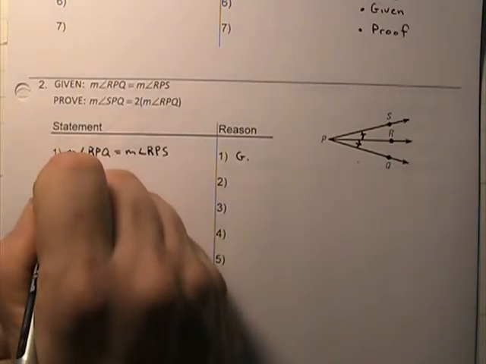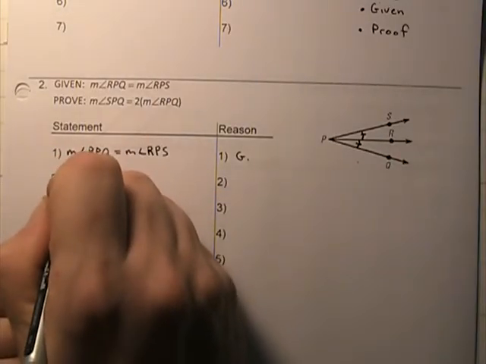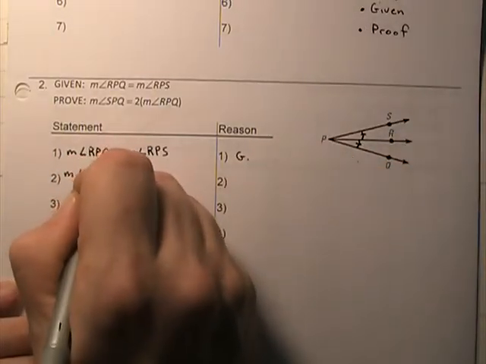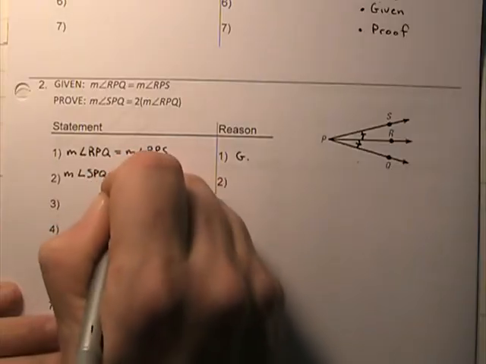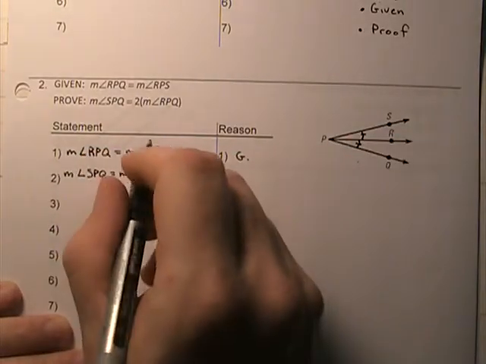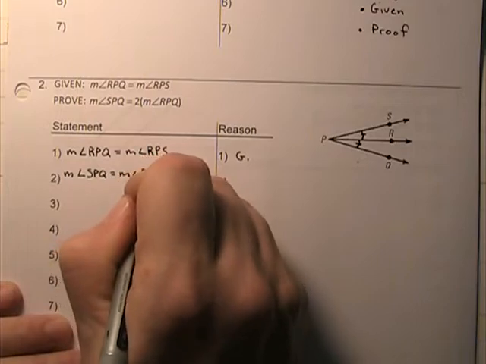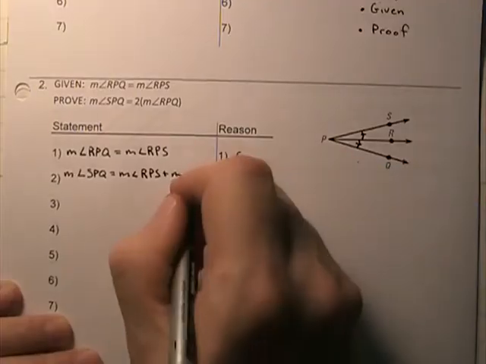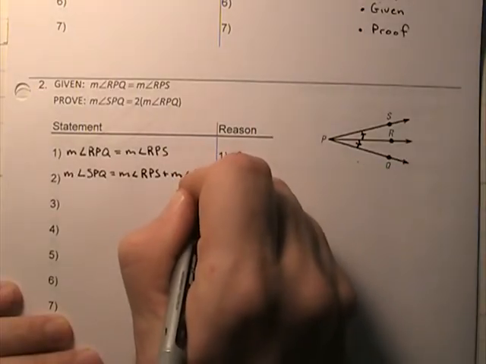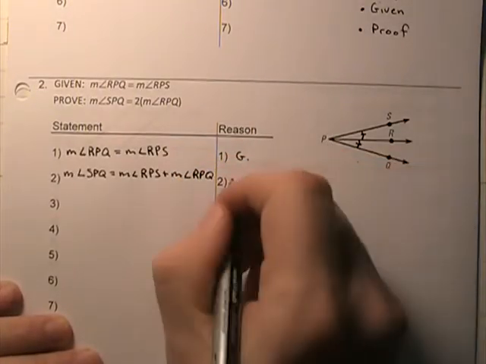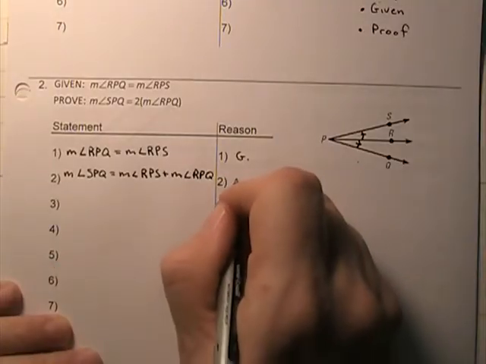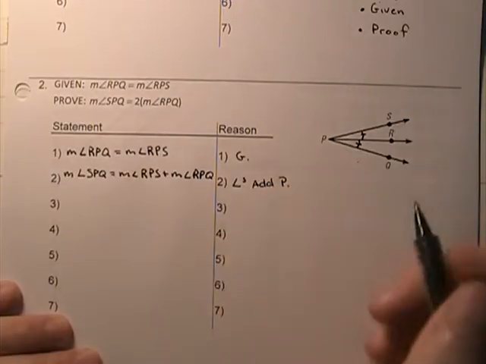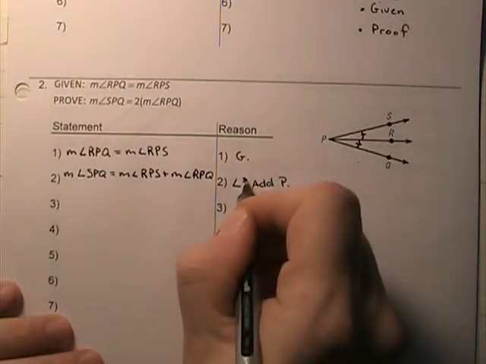So we could say that the measure of angle SPQ equals the measure of RPS plus the measure of RPQ. And the reason I can say that is because of the angle addition postulate. I guess I don't need the S there, so ignore that.